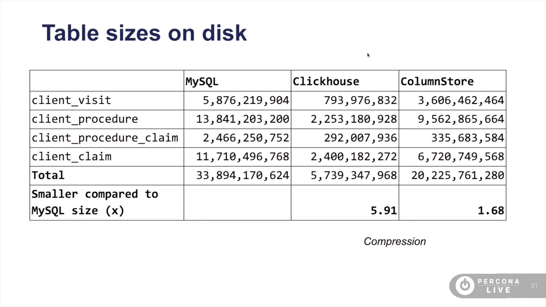On average, ClickHouse is almost 6 times smaller, and ColumnStore is 1.6 times smaller on disk. That is also very good, because for the larger databases, we can store more. And because it's smaller on disk, we can also scan it faster.